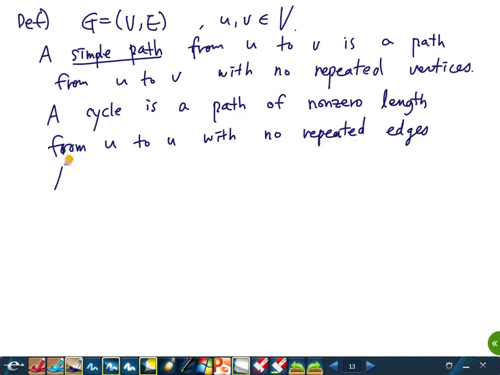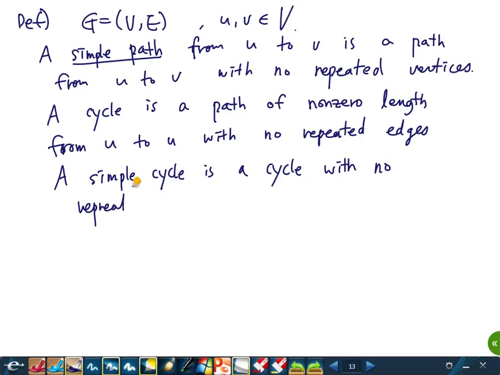And a simple cycle is a cycle with no repeated edges, no repeated vertices either. A simple cycle is a cycle with no repeated vertices.